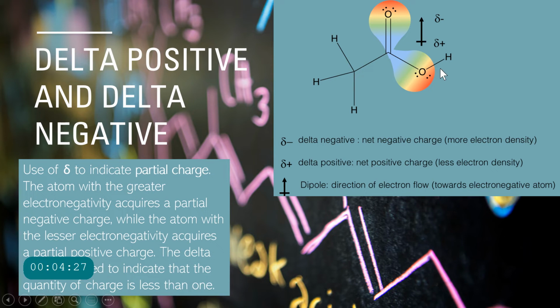So the delta plus means a partial positive charge with less electron density. If you think about less electron density, it's less electron dense because it is more positive than negative. Creating that positive symbol means fewer electrons. When it's more electron dense, it's going to have more negativity. So that's what all of that means.